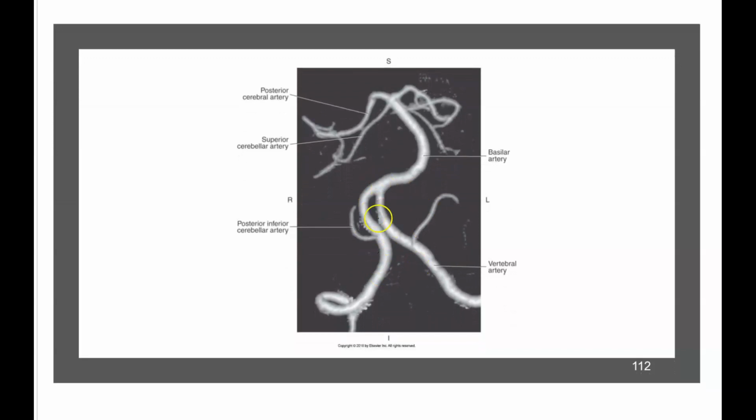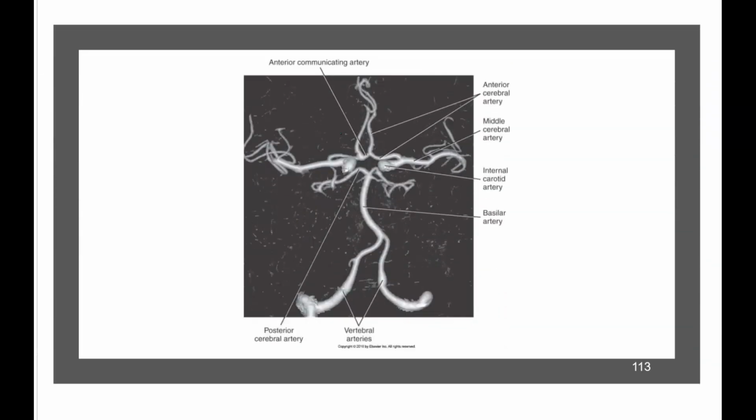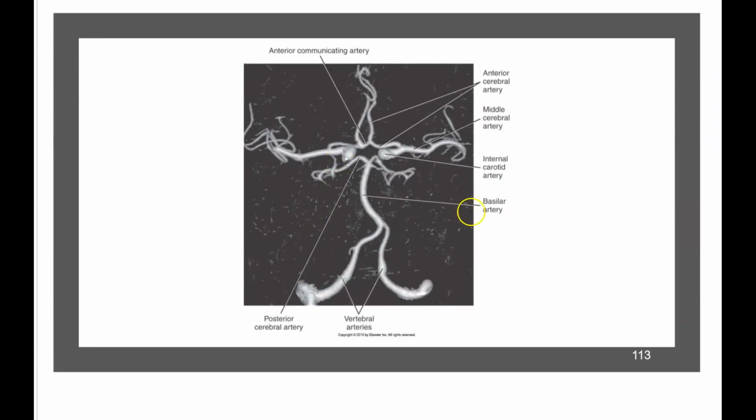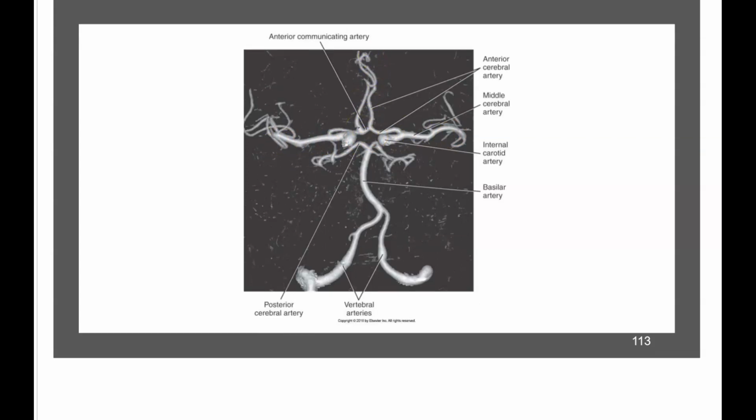So we've got our verts coming up to our basilar artery, to our posterior cerebral arteries. Here, this is our vertebrals coming up into our basilar, and here's our posterior circulation. Here's our anterior circulation. You can see the internal carotids have been cut. Here's our middles, and here's our anterior.